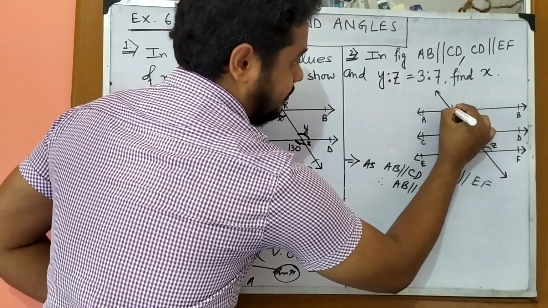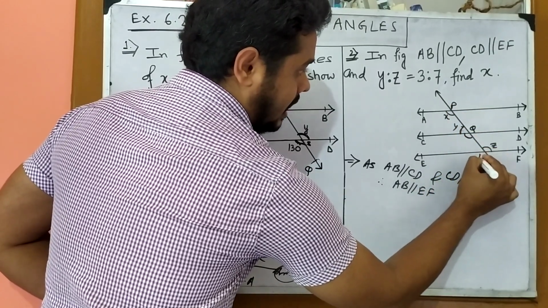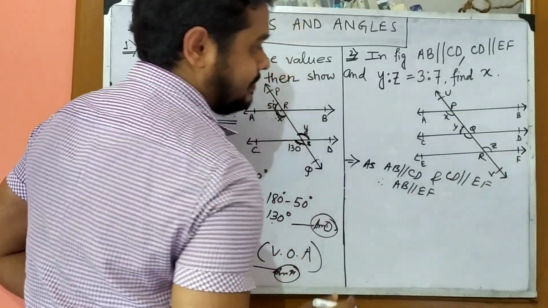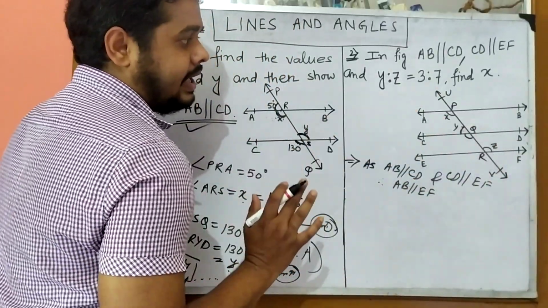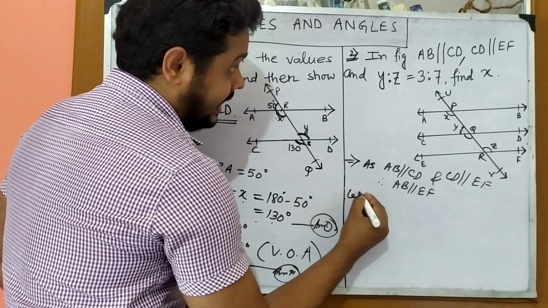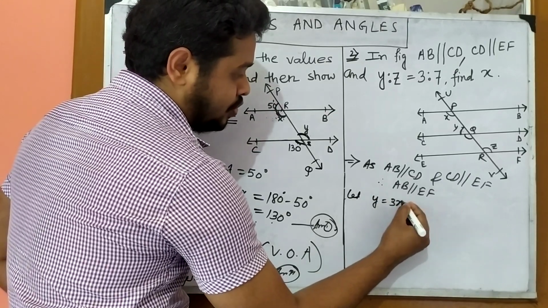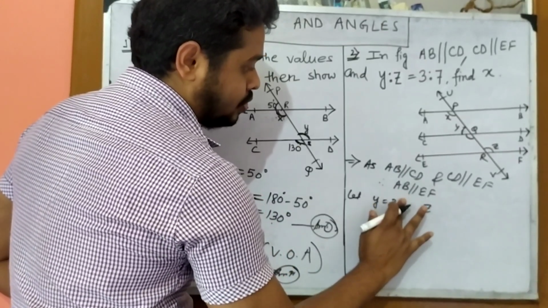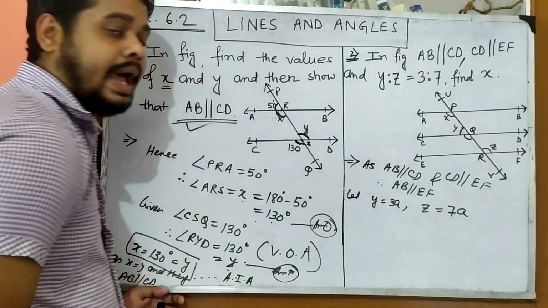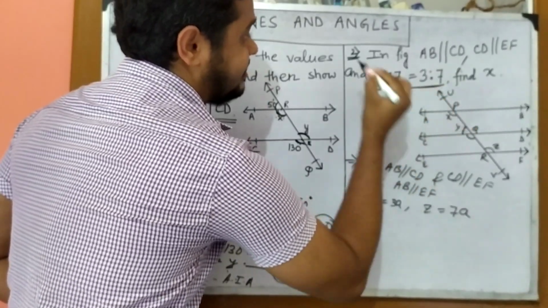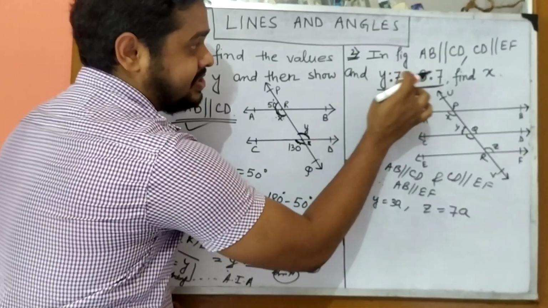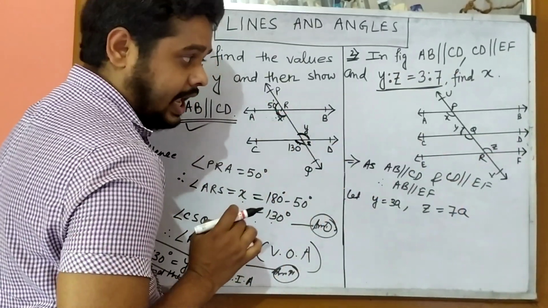Suppose this one is PQR, and this is the UV line. The transversal name is UV and let the intersecting points be P, Q, R. Let y equal 3a and z equal 7a. Why? Because y to z is given as 3 to 7. So we are assuming that y is 3a and z is 7a.